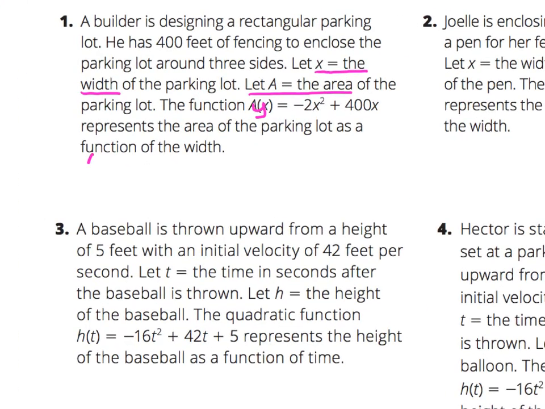The vertex is (100, 20,000). And I need to write what the x stands for. If I look up here, it says x is the width of the parking lot. So I know that x equals 100, but that is the width of the parking lot.